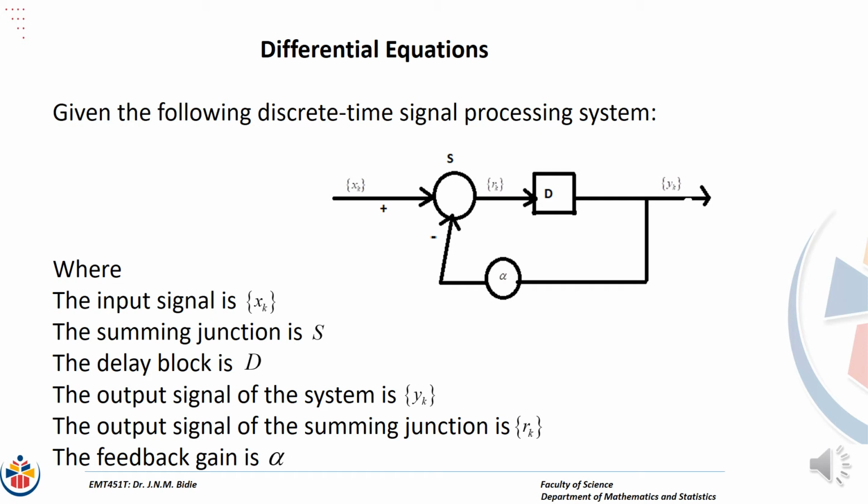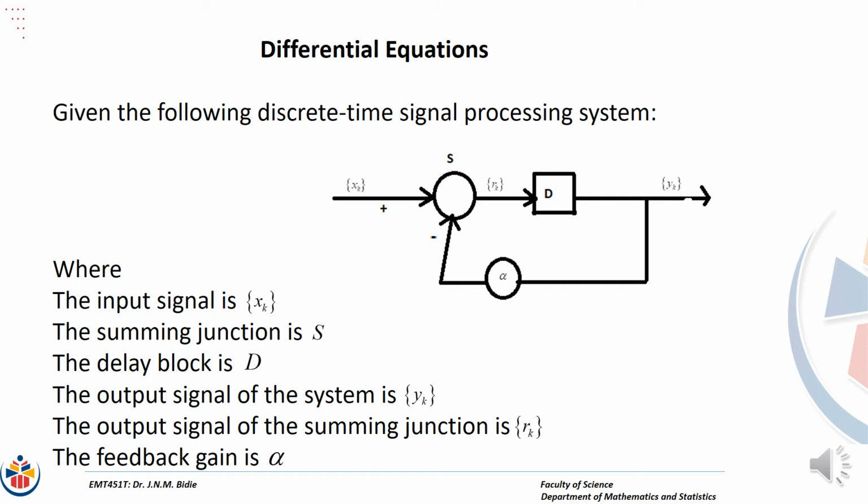And then the output signal of the whole system is yk. But then we've got a feedback into the summing junction, which is alpha, and in this case it is minus. So I need us to be able to recognize that.